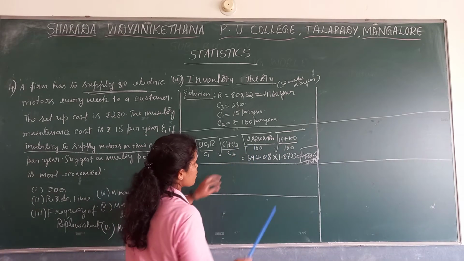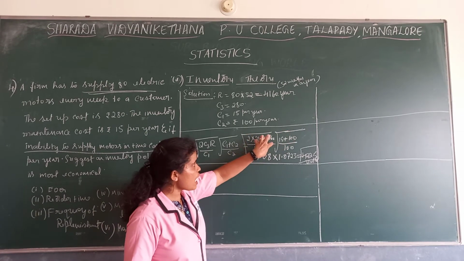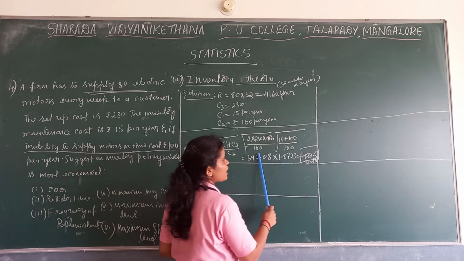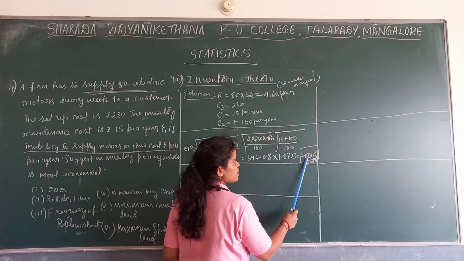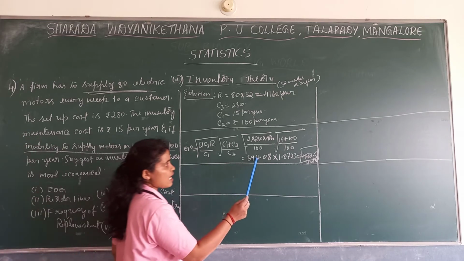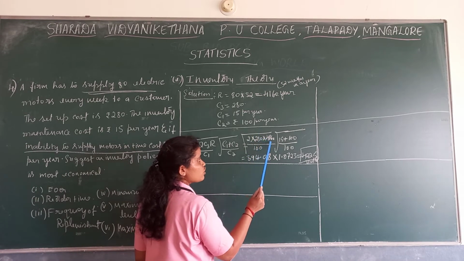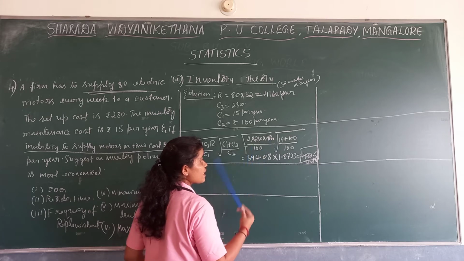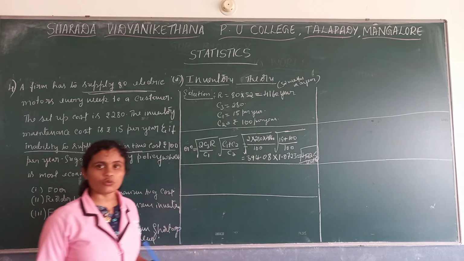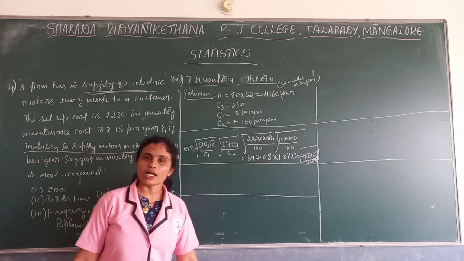So substitute the values and solve the first root and then the second one. Then multiply these two answers. We get 422.5. This value we have got.